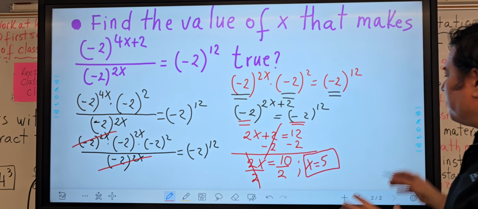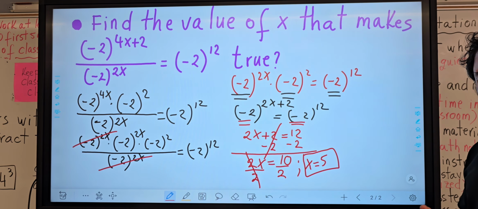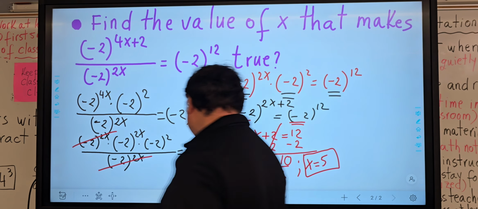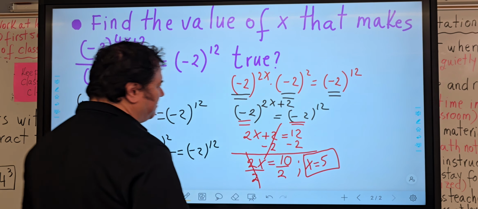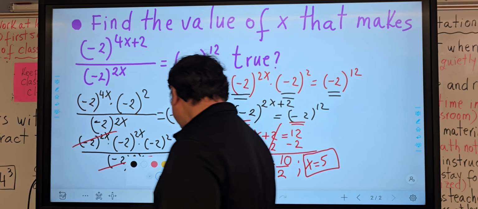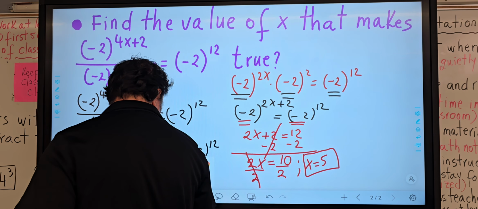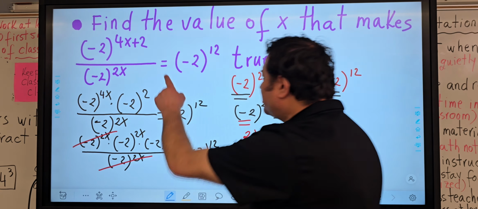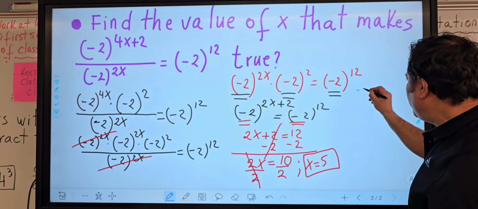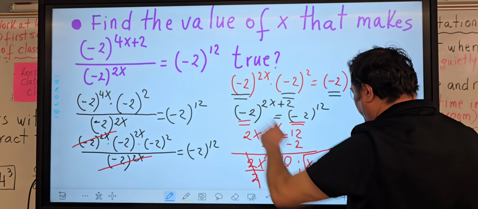So now if we plug 5 into our equation, we should get a true statement. Let's try that. Let me use a green color right here. And I'm going to write a little bit smaller. And let me use blue. Okay, so we start from the beginning. So we have negative 2 to the power, instead of x, we are putting 5.